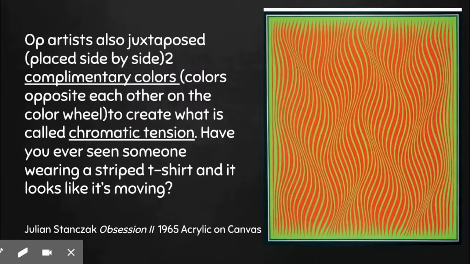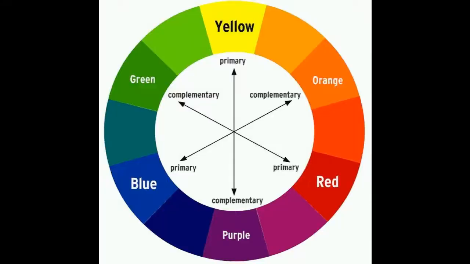Another thing op artists did to create the illusion of movement was to juxtapose two complementary colors. So placing two complementary colors next to each other, and complementary colors are colors opposite each other on the color wheel.